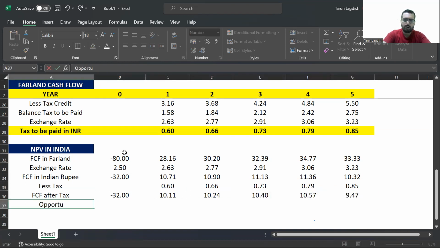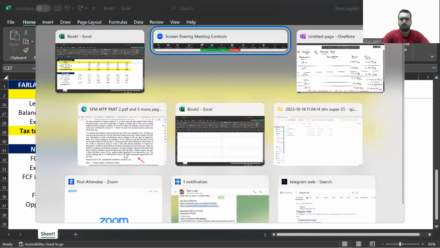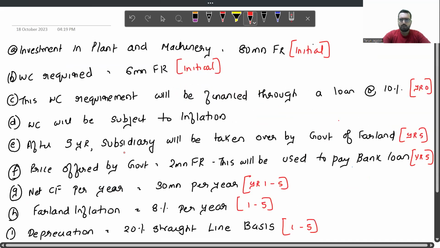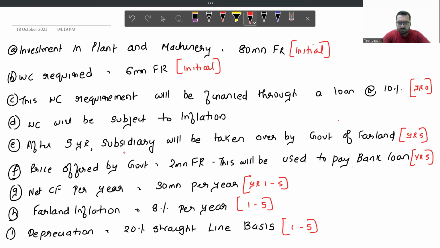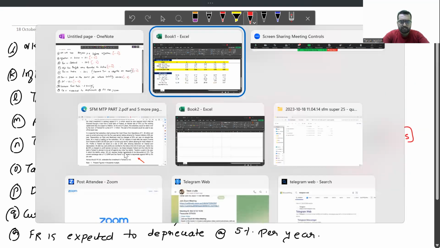And now I will put the opportunity cost. They have told that had I not opened this, I was getting some money over here. How much was the lost sales in India? 8 lakhs per annum before inflation. So in India, we have to add inflation to that also.